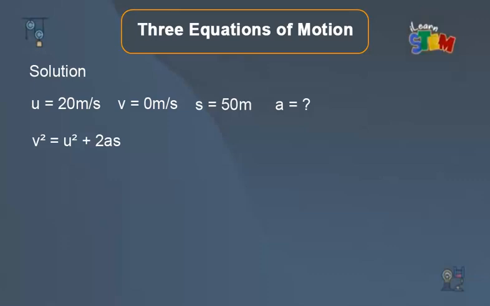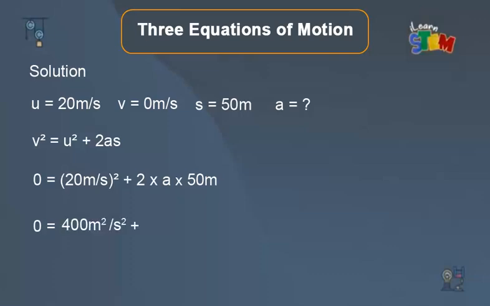Substitute the values into the equation. V square equals U square plus 2as. 0 equals 20 squared plus 2 times A times 50 meters. 0 is equal to 20 squared, which gives us 400 meters square per second square. And 2 times A times 50, which gives us 100 A in meters.